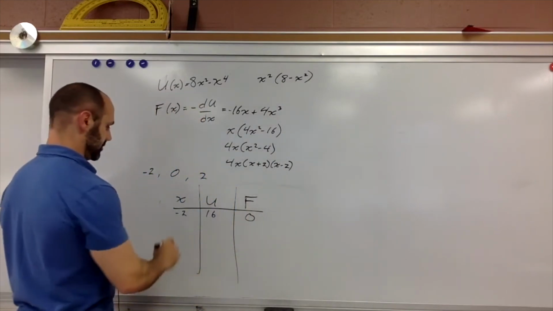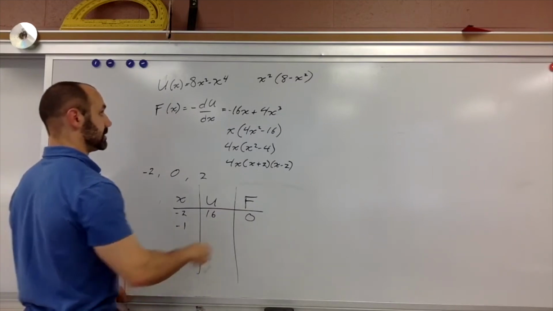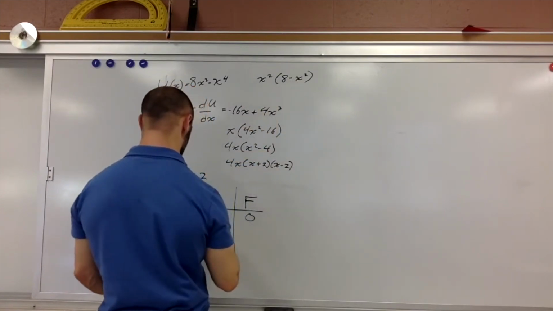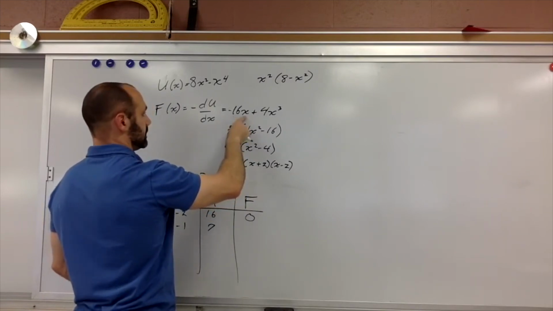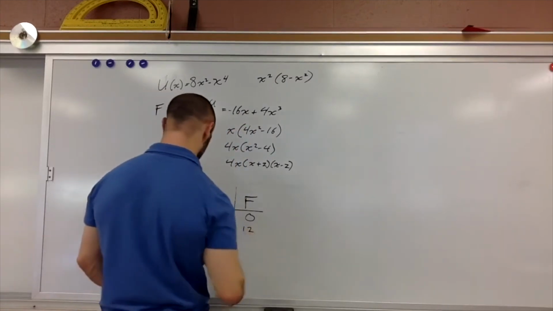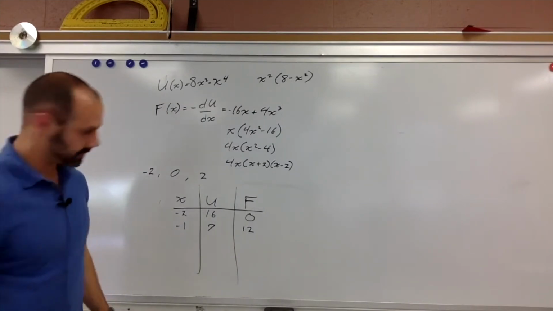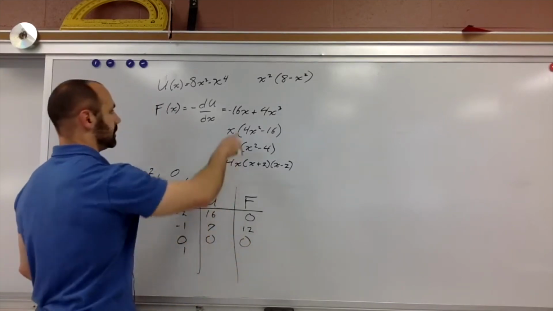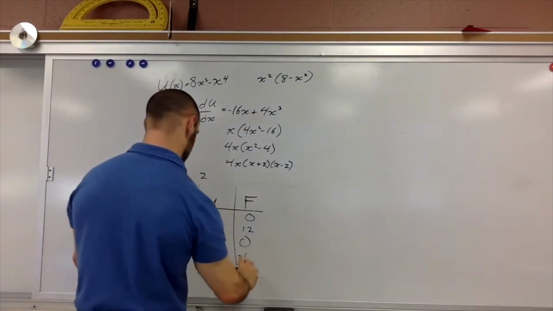Let's do negative 1. 8 minus 1 is 7, so the potential energy is 7. For force, negative 1 gives positive 16 minus 4, which is 12. If I put 0 in, then it's all 0. If I put 1 in, the force is going to be negative 12.